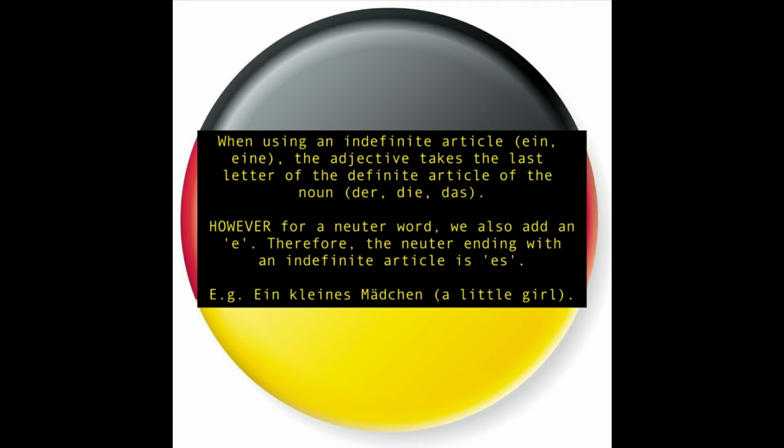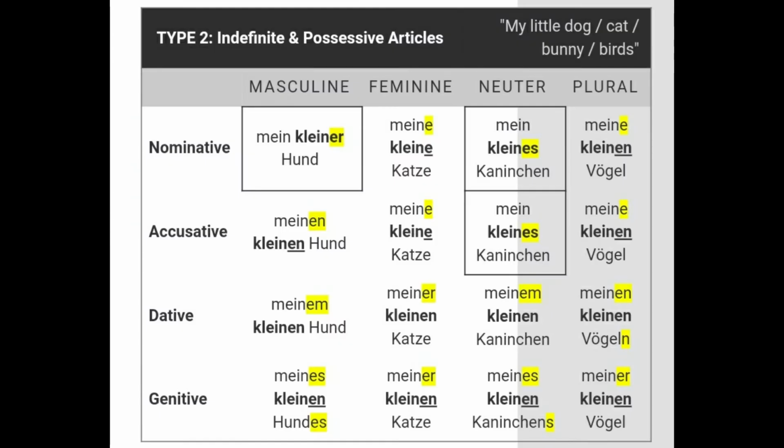Because girl is gender neutral in German, it is das Mädchen. I'll give you some time to look at the table of indefinite and possessive articles.